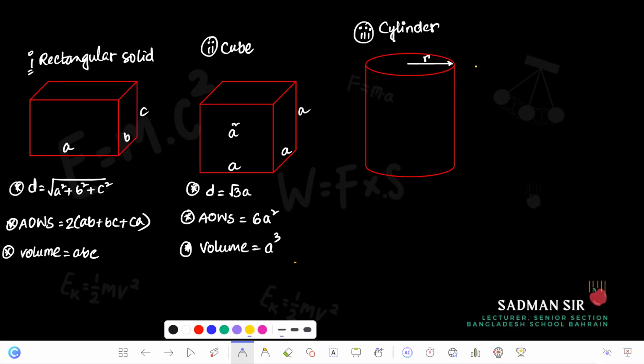The height of the cylinder can be shown in several ways. Like if I want, I can show it here. So this will be the height. Or in your textbook, you can show it as it is in the textbook.